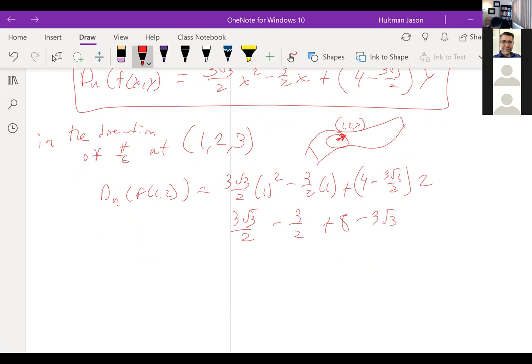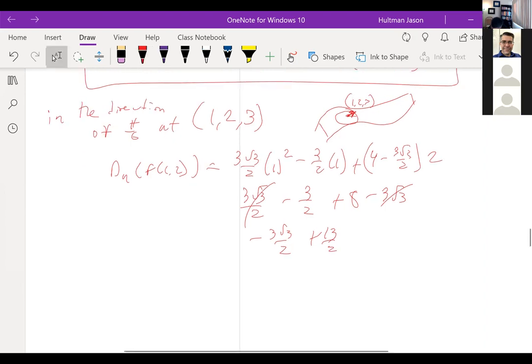So this is 3 radical 3 over 2 minus 3 radical 3, that's going to be negative 3 radical 3 over 2. And this is 8 minus 3 halves, which is 13 halves. And so this becomes 13 minus 3 radical 3 over 2. There we go.